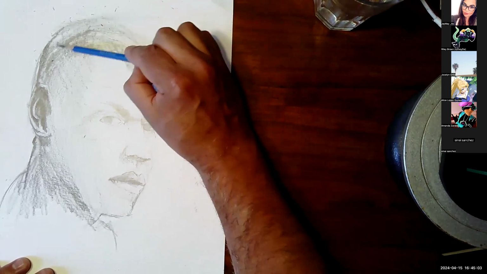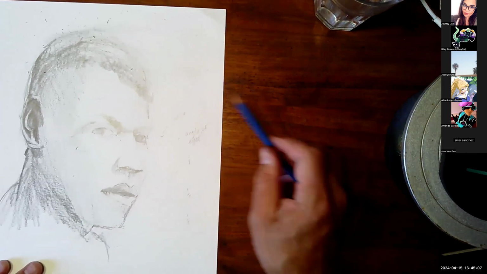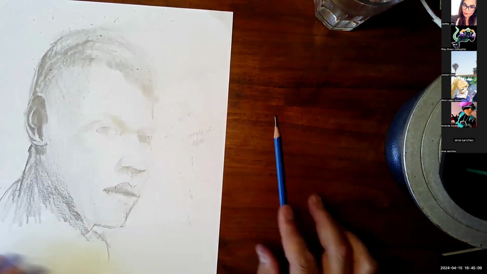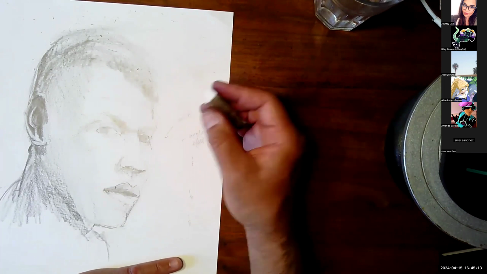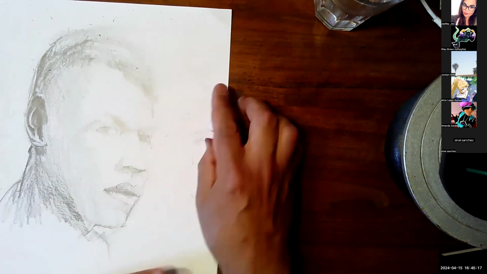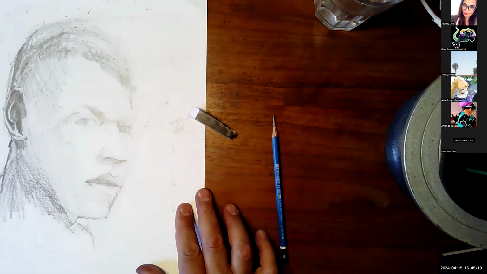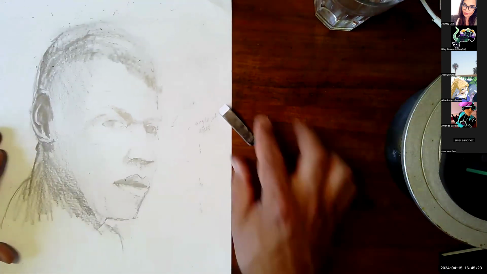Okay, and then of course if I get in there, I can probably try to do a much better job, but this is most of the way there. What I would do now is, it's going to be a negotiation between my eraser and the rest of the drawing. So hopefully that'll help you get there.